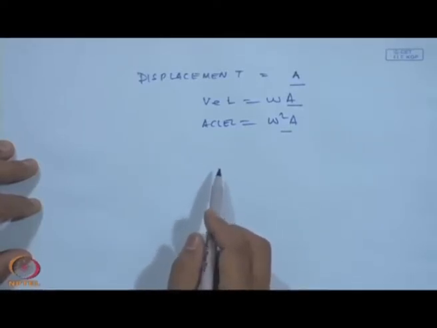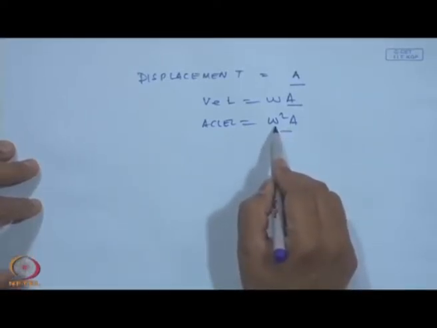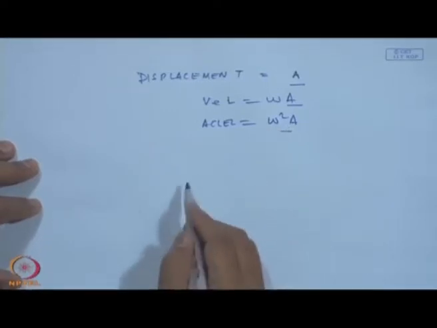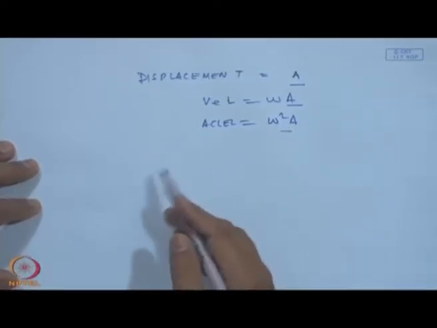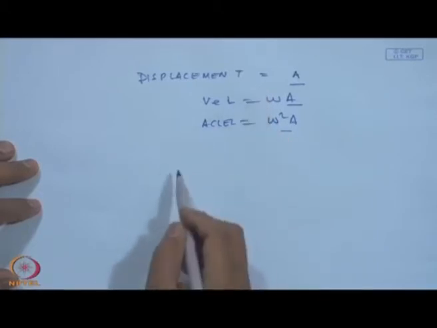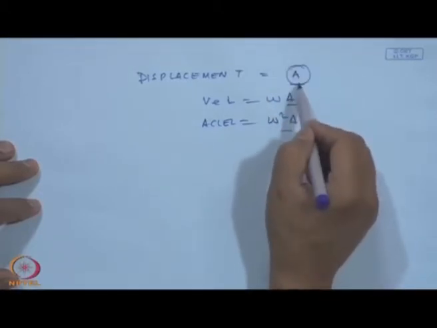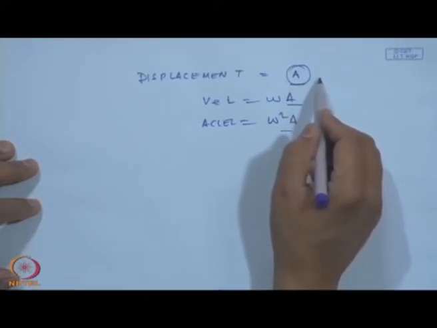So, in one way, at high frequencies you will see, because of this omega square A term, the acceleration is going to have a high magnitude compared to displacement. Displacement is actually a frequency independent phenomenon, okay, and it is actually a low frequency phenomenon.